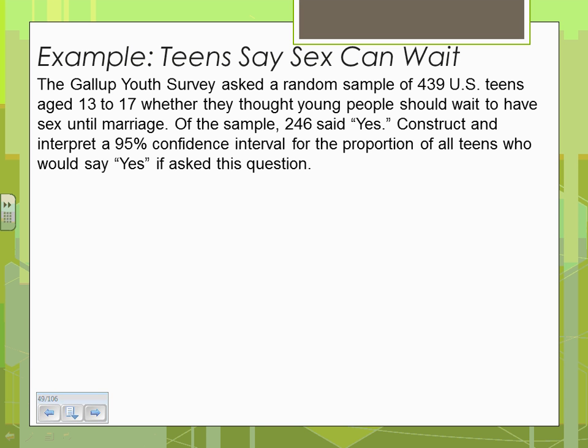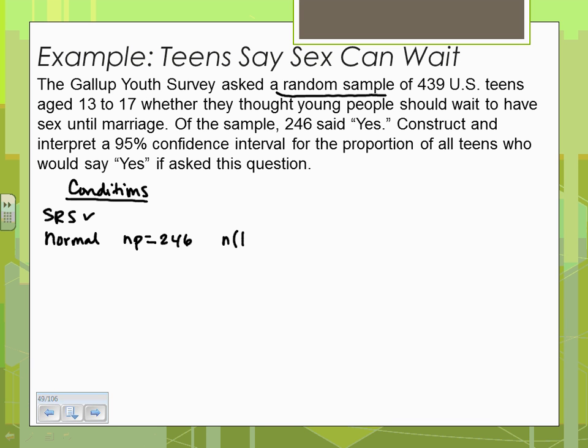So first off, check your conditions and make sure that they are met. Is it normal? SRS, it said, right? So it's random, because it said it was a random sample. Is it normal? So let's do n times p and n times 1 minus p. So n times p will be 246.